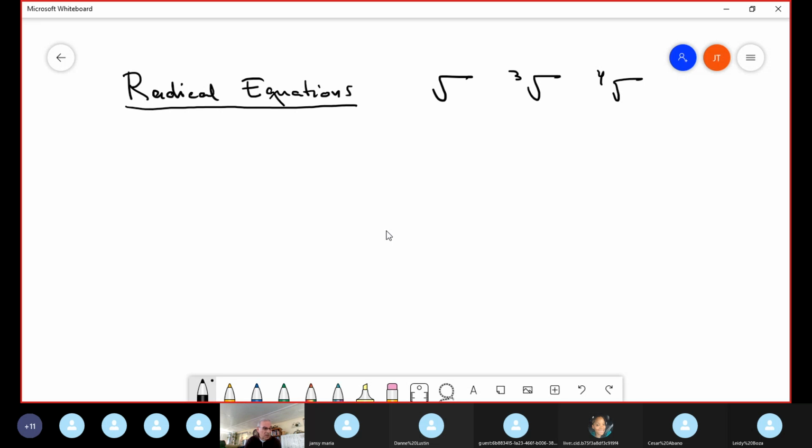Let me explain one very, very straightforward example. Is this. Solve for x. Okay. What is the most important thing you keep in mind? Okay, the radical equation, you have to transform it to a non-radical equation.